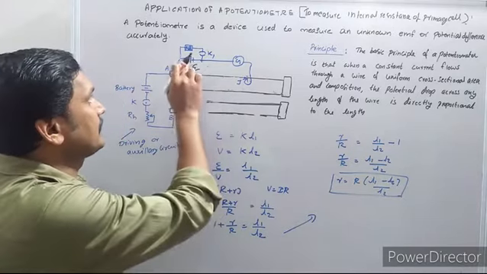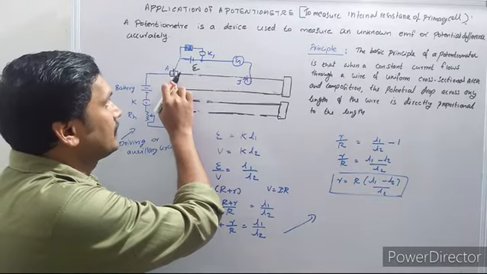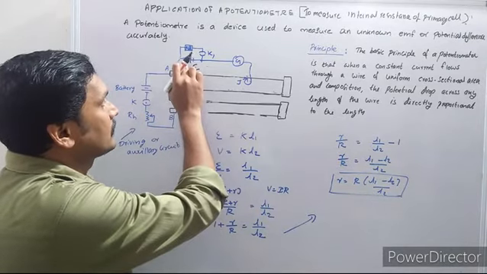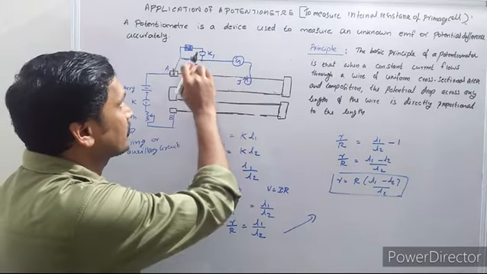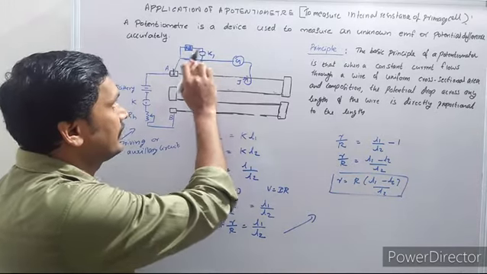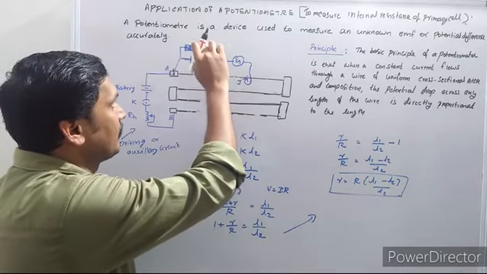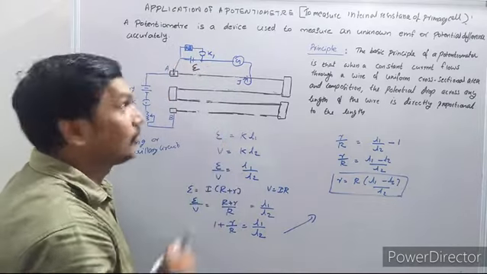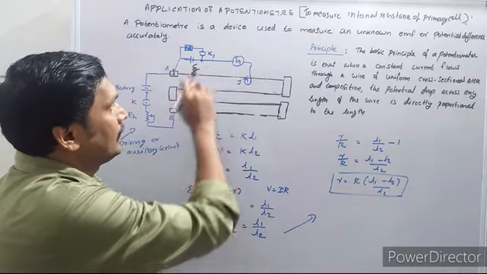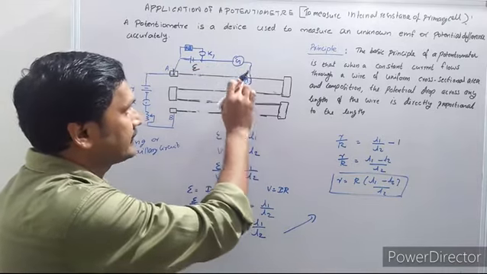The positive terminal of that cell is connected to the point A. From the positive terminal, we connect a resistance box and a one-way key to the negative terminal, that is, a resistance box and a one-way key are connected across this cell. And from the negative terminal, a galvanometer and the sliding contact J are connected.